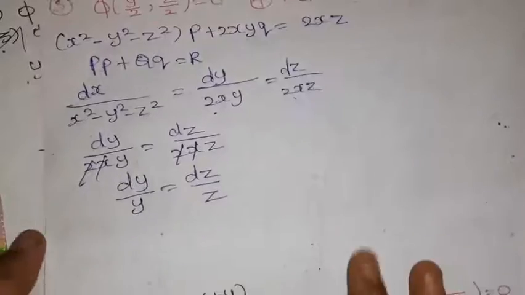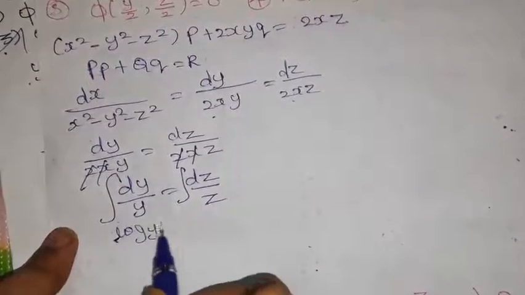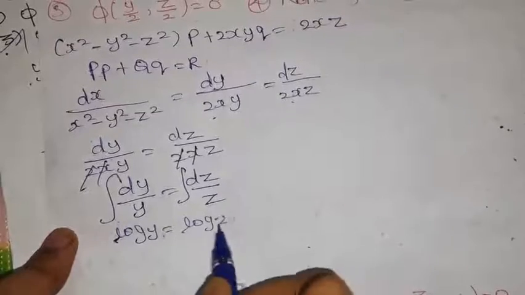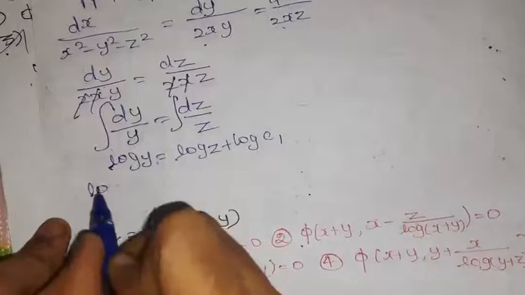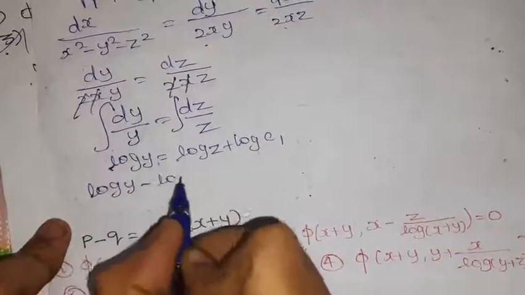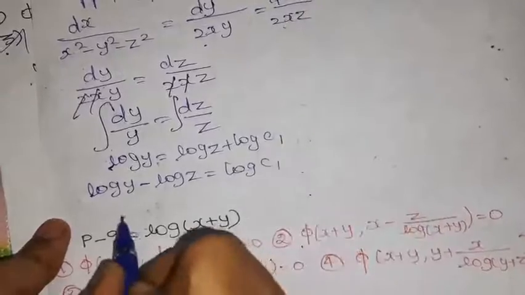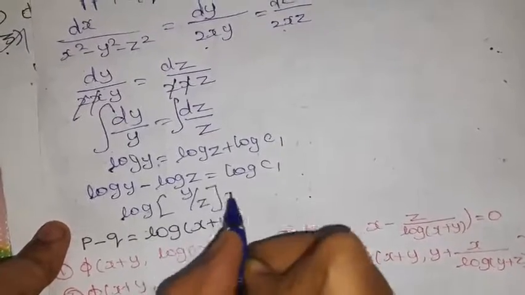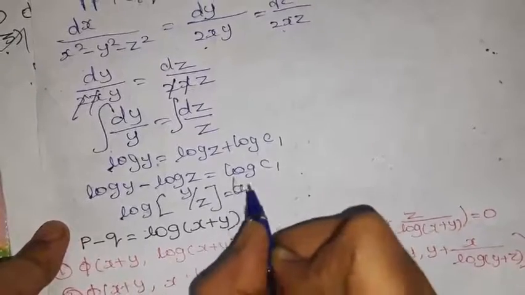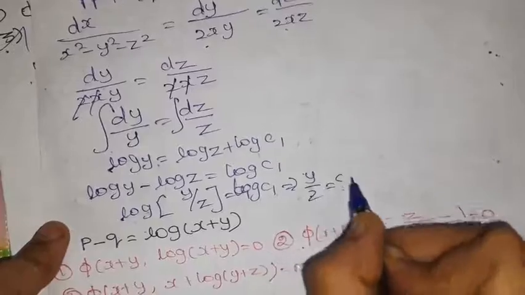Next step: integrating on both sides, log y equal to log z plus log c1. Then log y minus log z equal to log c1. Log a minus log b is nothing but log a by b, so log of y by z equal to log c1. Cancelling the logarithm, what will we get? y by z equal to c1.